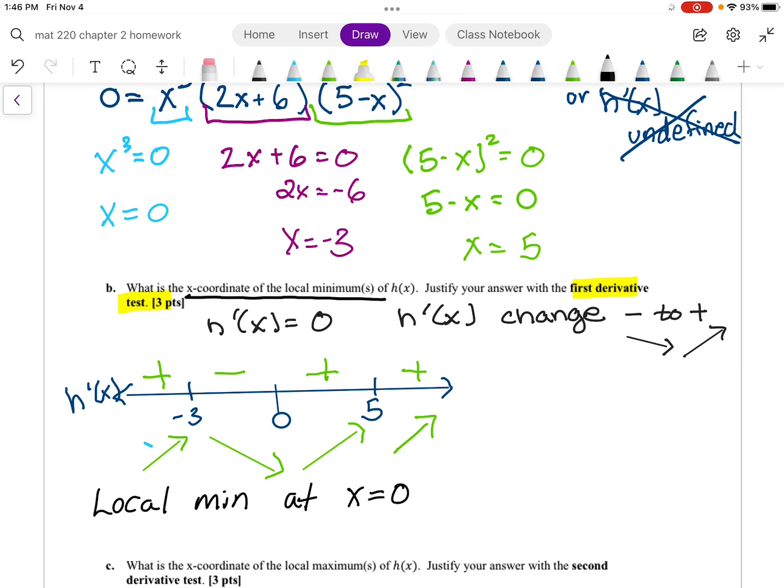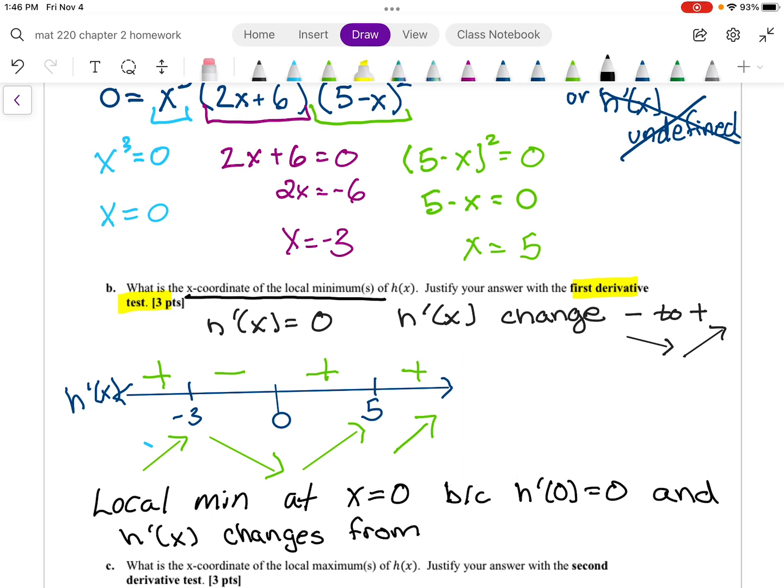And I'm justifying with the first derivative test because h prime of 0 equals 0 and h prime of x changes from negative to positive. And that's it. I've justified with the first derivative test and found the location of my local minimum.